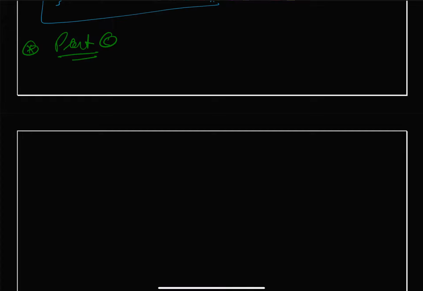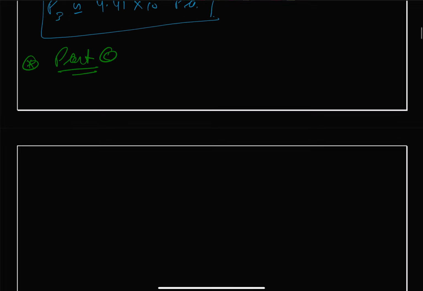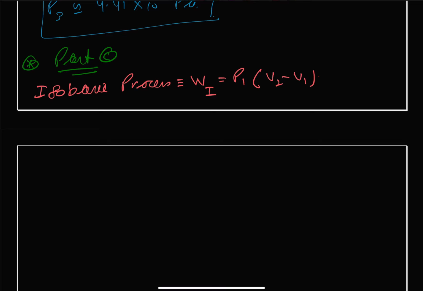So we start with the isobaric process. We know that the work done, let us call this W isobaric, will be equal to P1 times V2 minus V1, and this can be written as nR times T2 minus T1, because pressure is constant.